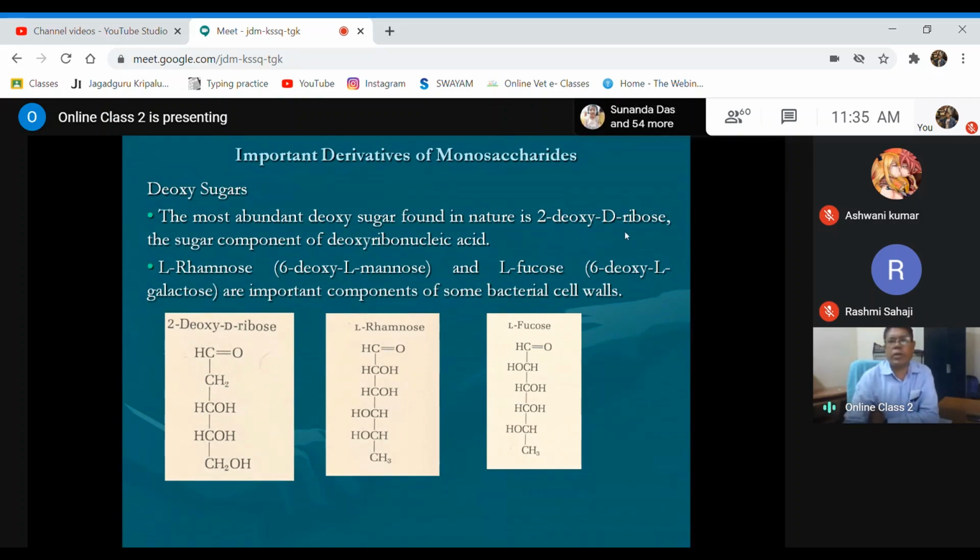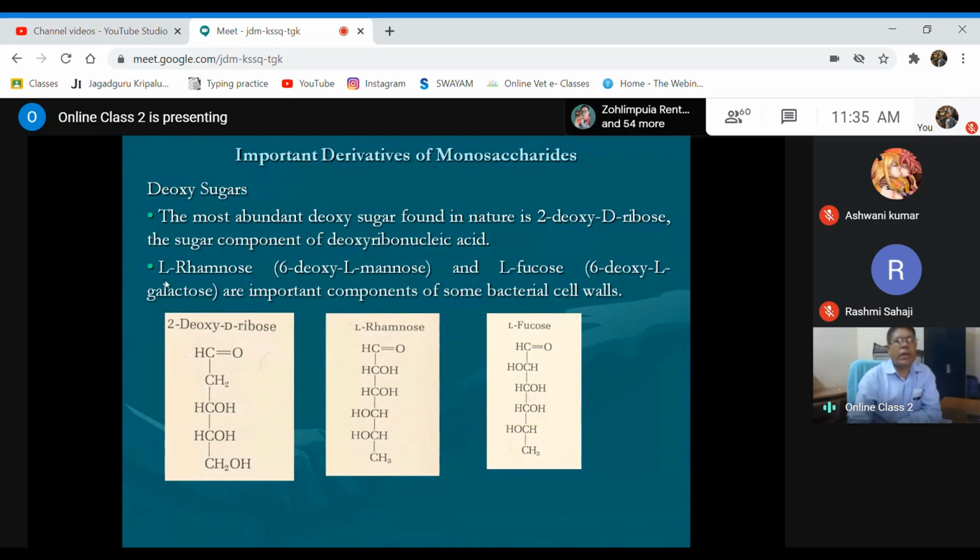It is the ribose sugar in which the oxygen attached to carbon number 2 is missing. That is what 2-deoxy indicates: it is carbon number 2 where the oxygen is missing. It is the sugar component of the deoxyribonucleic acids, that is the DNA. So in the DNA, we find that the pentose sugar is deoxyribose.